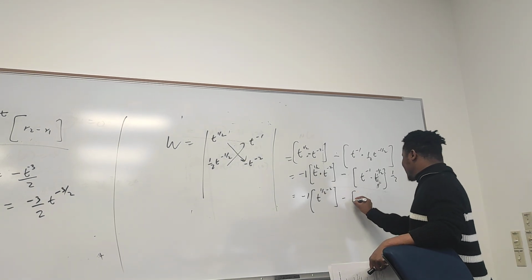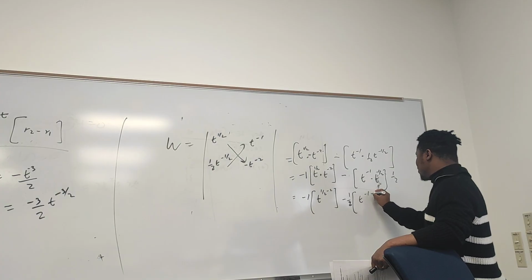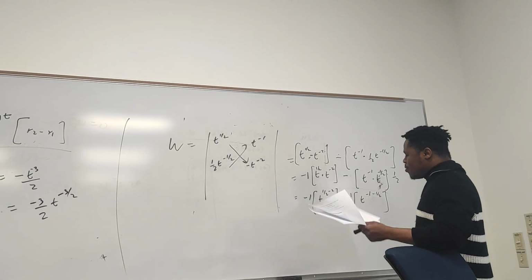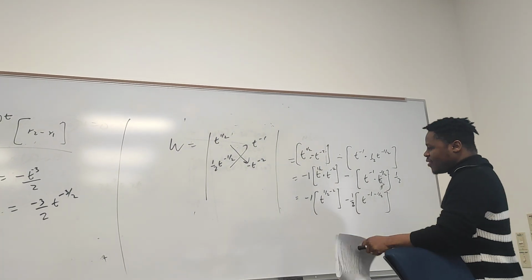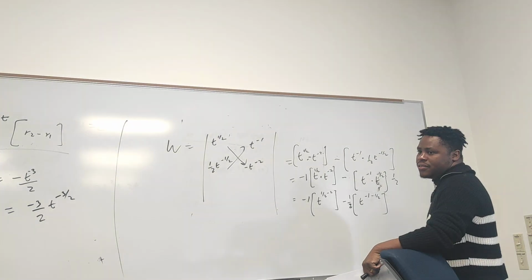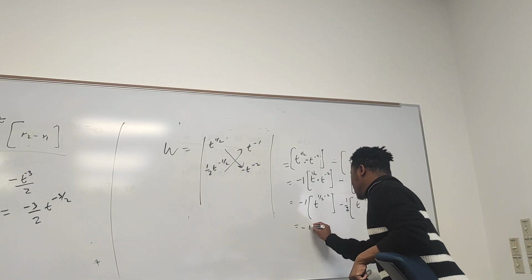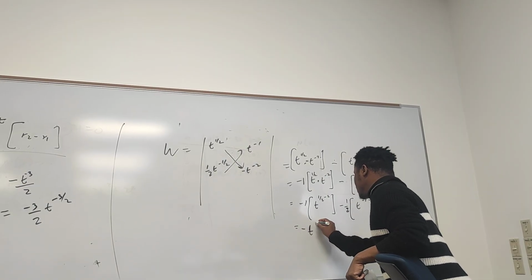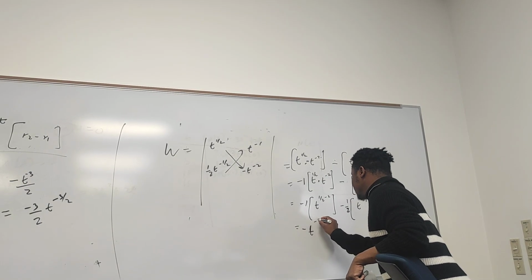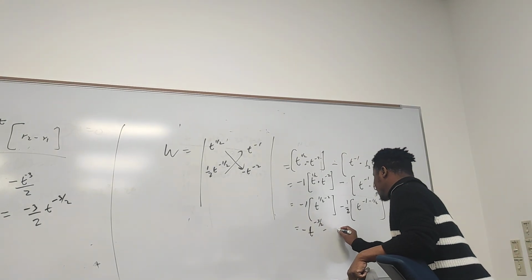Yeah. Minus, let's put this here, (t minus 1 over 2). What's 1 over 2 minus 2? That's 1 minus 4, right? That's minus 3 over 2. This will be minus t, minus 3 over 2. Then minus 1 over 2.